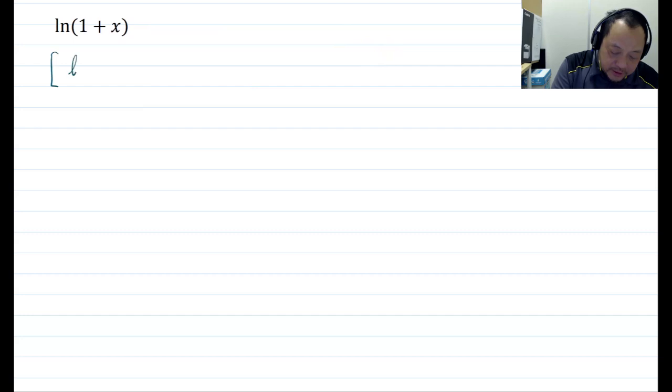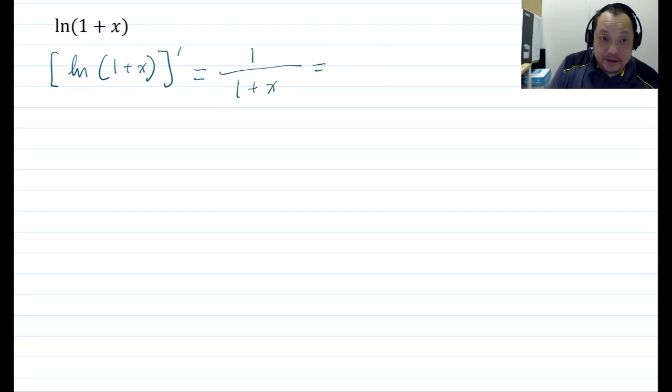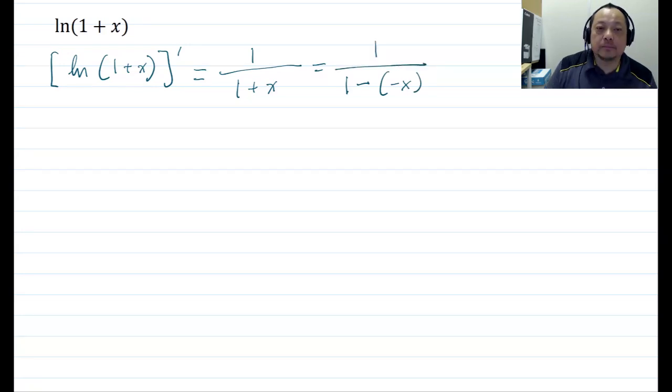If I take the derivative of ln of 1 plus x, I'll get 1 over 1 plus x, which I can rewrite in the form 1 over 1 minus negative x. That way it's in the form of a geometric series, and I can apply the geometric series to this.